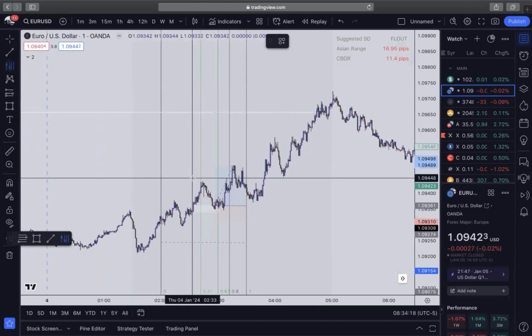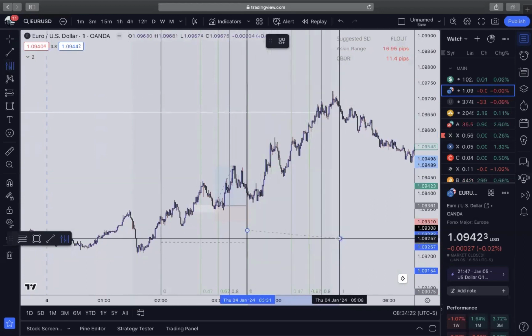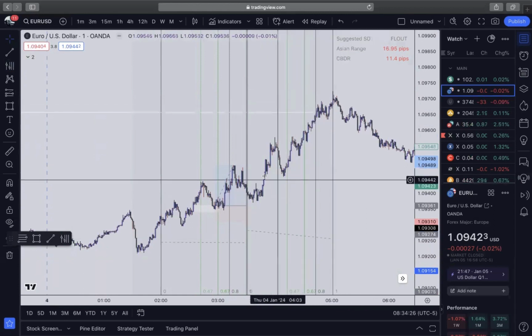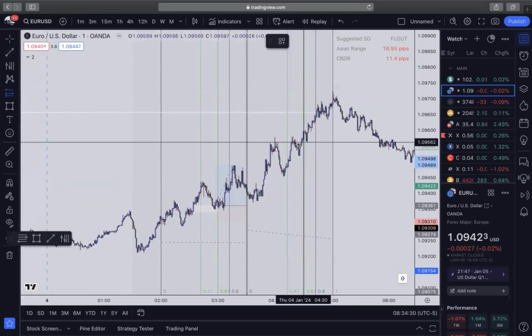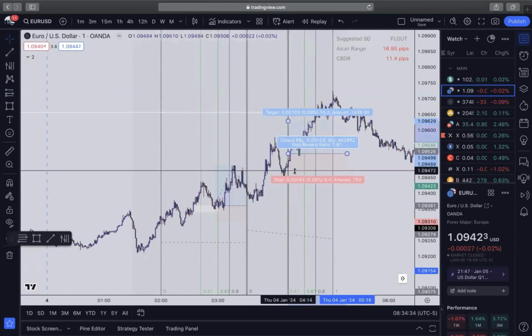What we then can do is have a look what price delivered after this. So if we go from 3:30 till 5 p.m., what do you see price do? Price, again, gives us an opportunity to get scaling within our cycle times. So our entry would have been on this FVG. Stops can cover anything that's not being fully mitigated.